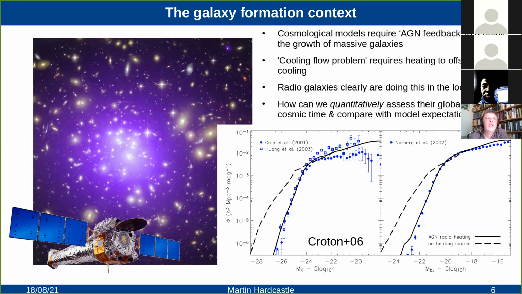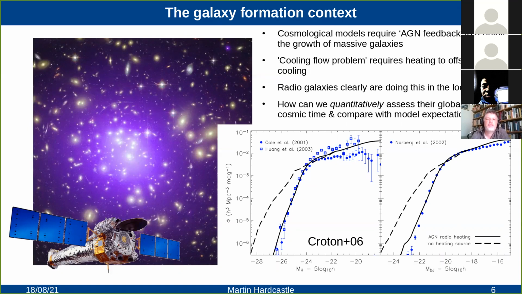And again, if you can produce something that offsets that cooling by putting in some extra energy, then you can stop that cooling flow from happening. Those are the same problem written in two different ways, because stopping the X-ray gas from cooling is the same thing as saying you're stopping cold gas from falling onto the central galaxy and causing it to grow and form more stars.